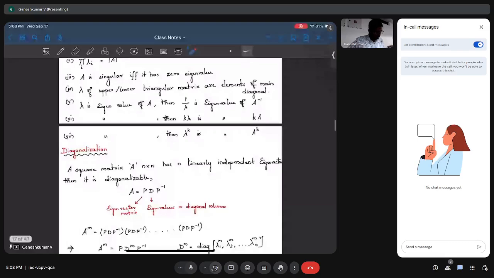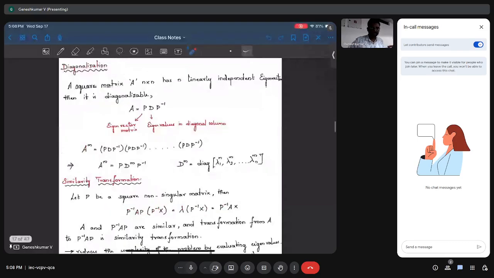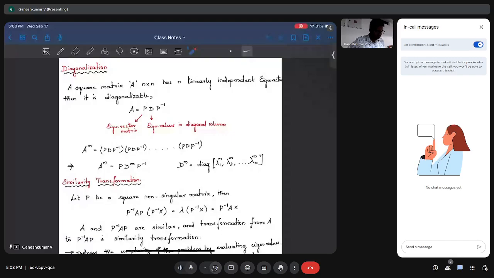And diagonalization means that once you find the eigenvector matrix, you can represent your A matrix in terms of the eigenvector matrix and an eigenvalue matrix. That is what we call diagonalization. Here P is the eigenvector matrix, multiplied by D in between and then P inverse, where D is a diagonal matrix where each diagonal element has the eigenvalues of the matrix. Okay.